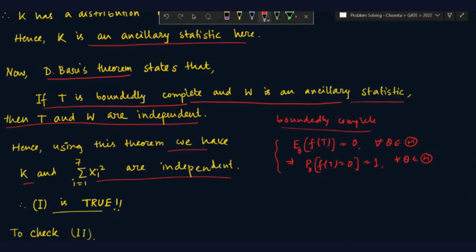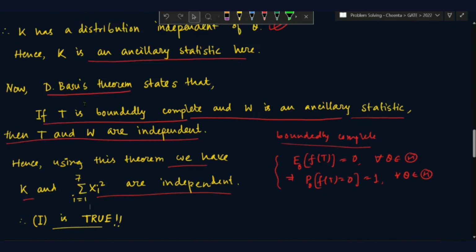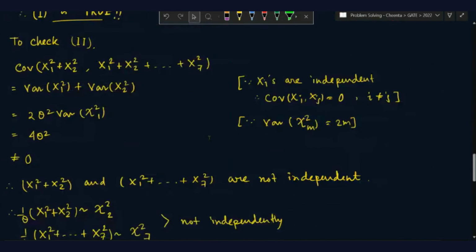So now we have to check question number 2, that is whether 7k by 2 has a distribution of F with degrees of freedom 2, 5.